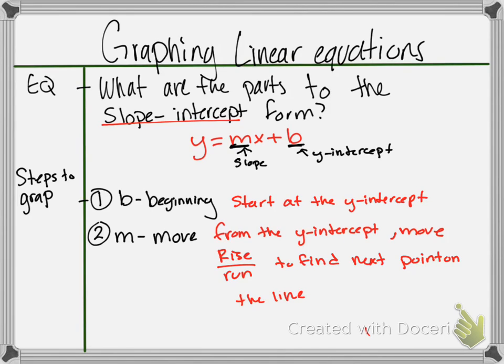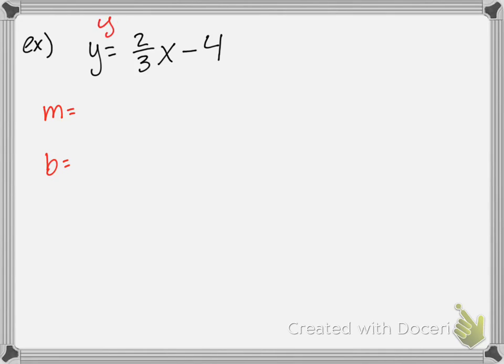Okay, and so we're going to do 3 examples where we have a linear equation, and we're going to graph them. Okay, so for our first example, we're going to have y equals 2 over 3 x minus 4. Okay, so I'm going to list out our m and our b, and from our equation, remember we have y equals mx plus b.